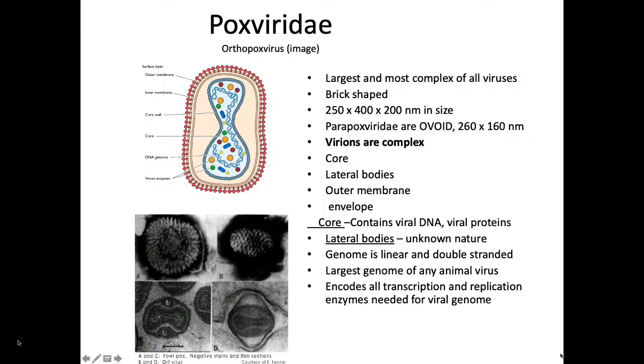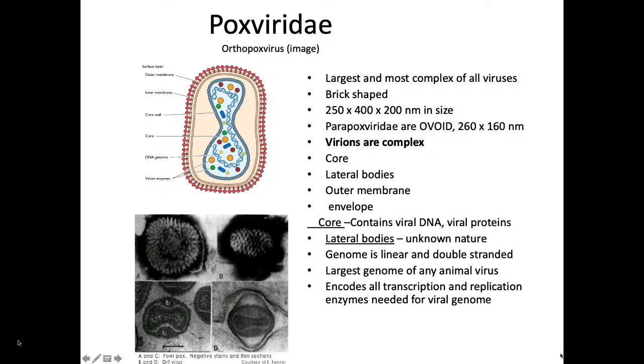They can reach 400 nanometers, and they are brick-shaped like this, or oval-shaped. They have glycoprotein protrusions on the surface. So one unique property, they are the largest.